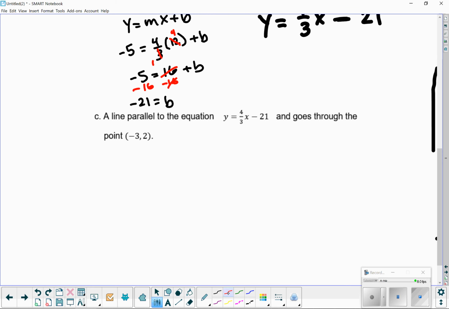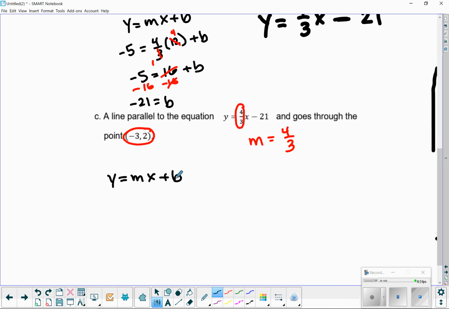Okay, last one, we want the line parallel to this equation, and because it's parallel, we're going to use the same slope, meaning your slope is going to be exactly 4/3. And we also want to use this point right here, negative 3, 2. So again, we're going to start with y equals mx plus b.